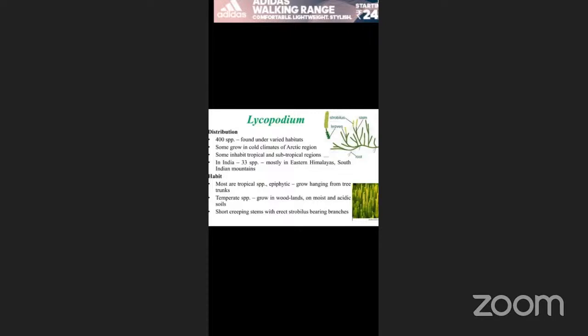Coming to the Urostachy species, the plants are erect in terrestrial forms and pendant in epiphytes. Rhopalostachy plants are creepers, with creeping structures. In Urostachy, the erect stem is present, and the roots are present only at the base of the stems.